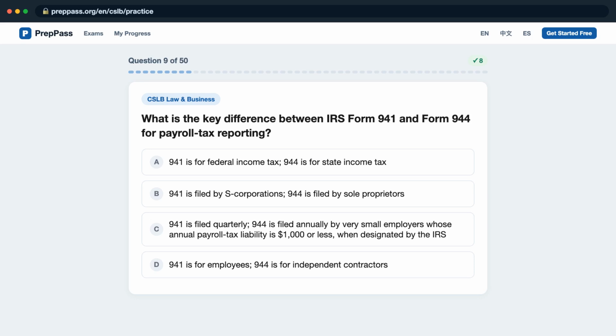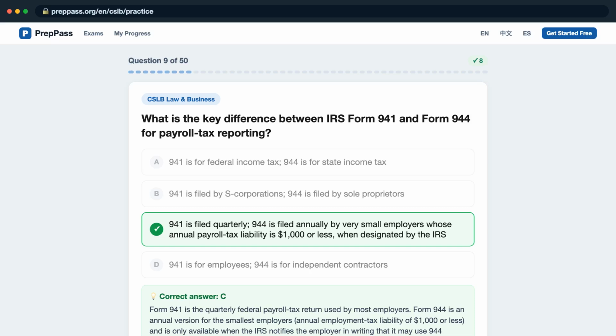C, 941 is filed quarterly, 944 is filed annually by very small employers whose annual payroll tax liability is $1,000 or less, when designated by the IRS? D, 941 is for employees, 944 is for independent contractors? The correct answer is C.